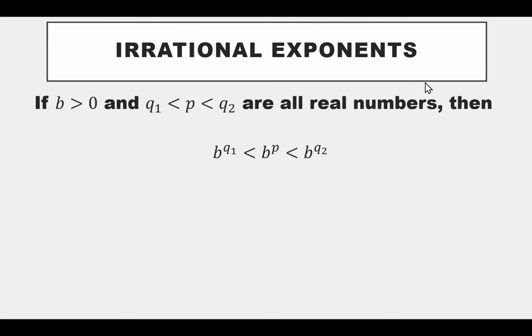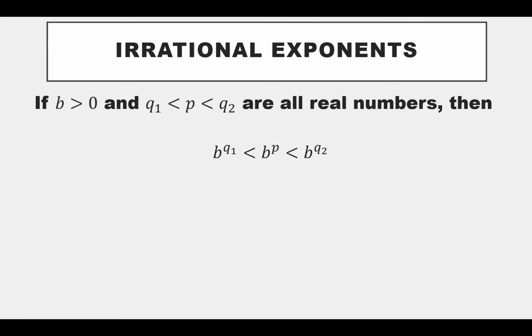Now this brings us to our last type of exponent. And that last type of exponent is an irrational exponent. So an exponent like pi or the square root of 5, or the square root of 2.